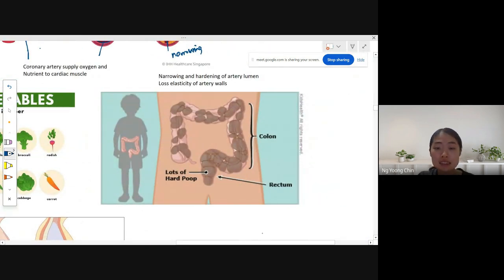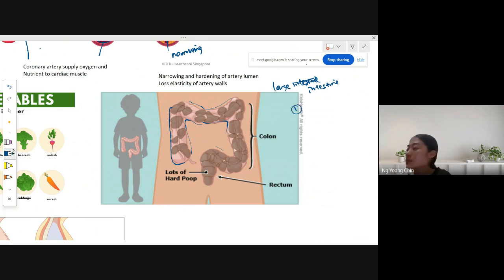This is the large intestine, right? When I talk about the large intestine, I'm actually talking about three parts: the colon, the second one is the rectum, and the last one is the anus. These three parts are under the large intestine.